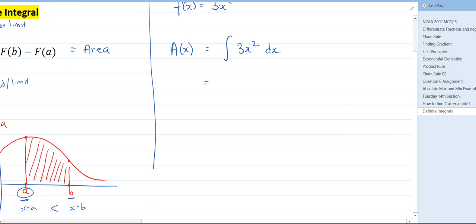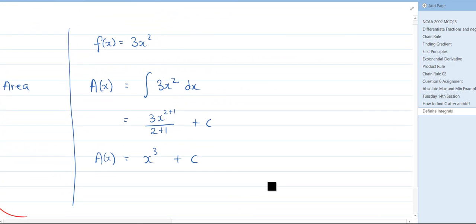Well, we know, using the rule in definite integrals, we know how to anti-differentiate, which gives you 3x to the power of 2 plus 1 over 2 plus 1, plus c. That gives you an area function where x is x cubed plus c. Okay, I'm just going a step ahead. Alright? That doesn't tell you the area. That tells you the function.